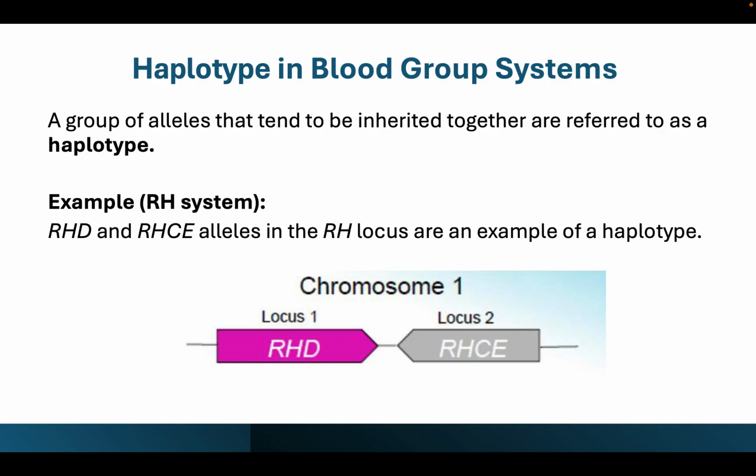So for example, if I want to give my son or my daughter RHD, the RHCE travels with it. In this case, we call them a haplotype. So a group of alleles that tend to be inherited together are referred to as a haplotype. RHD and RHCE alleles at the Rh locus are an example of a haplotype.